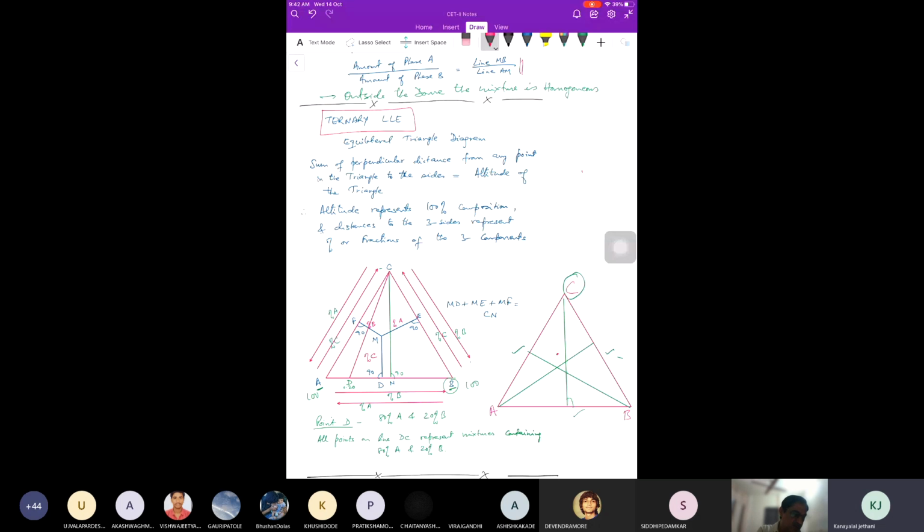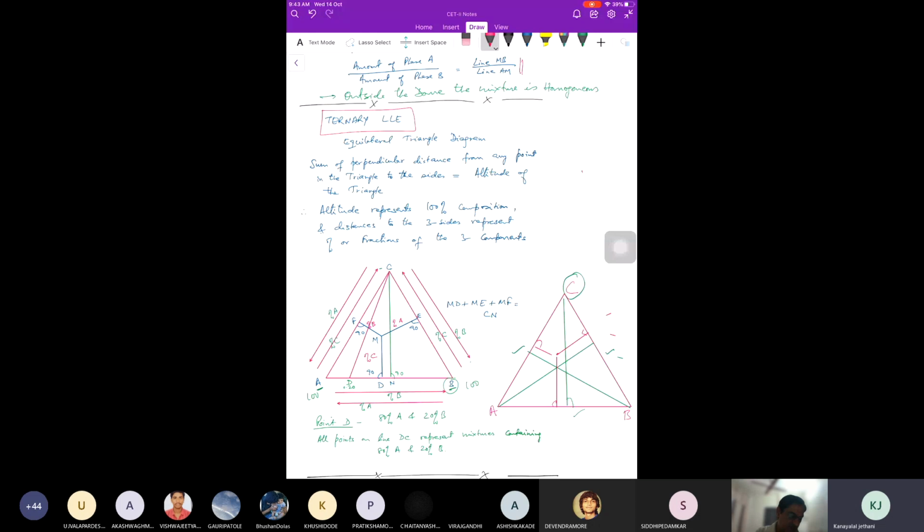So what I do is I draw a perpendicular from this point to each of these sides. ये तीन perpendicular draw करने का, and this will give us the composition of each side.